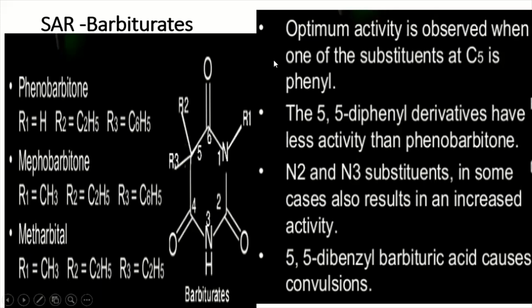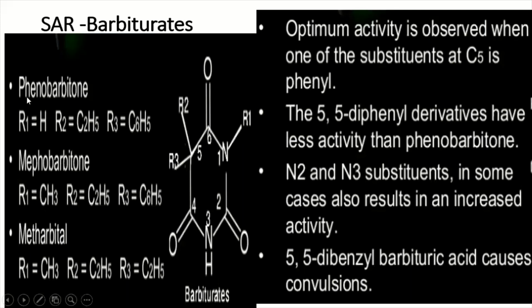Optimum anticonvulsant activity is observed when one of the substituents at C5 is phenyl. That is, in this fifth position, if one of the substituents is an aromatic ring, that particular drug will exhibit optimum anticonvulsant property.